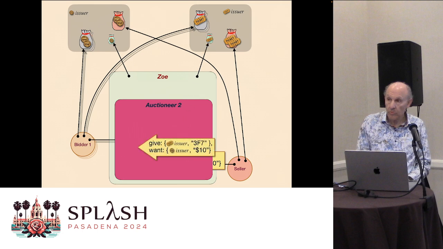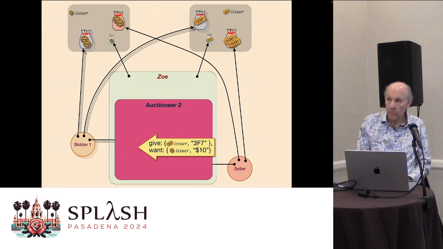Likewise, when Bob, as the seller, is putting the ticket up to be auctioned off, it says that it wants $10 in this case. That's what's known in auctions as the reserve price. It's saying, this is the minimum that I want. If I don't get at least $10, call the auction off.